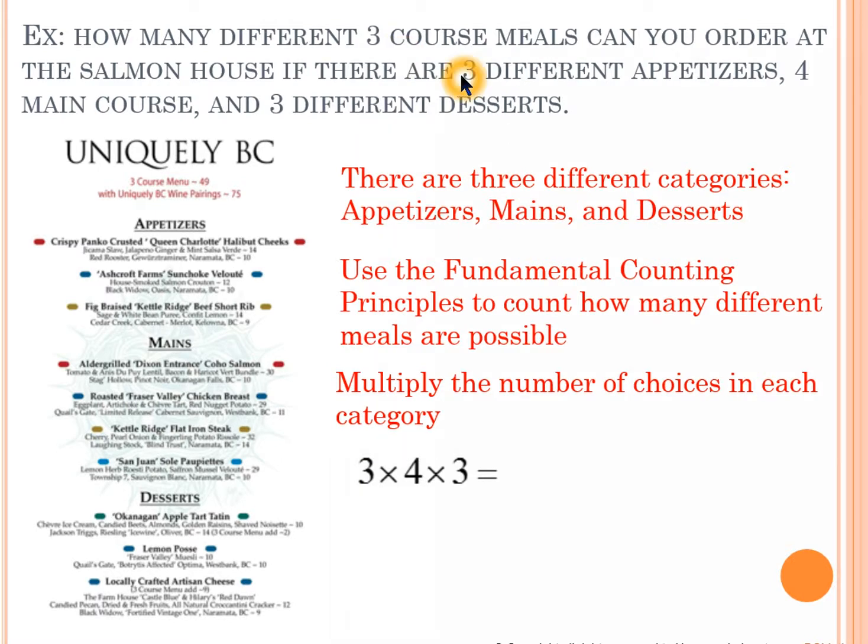For the main dishes, we have 4 choices. And for desserts, we have 3 choices. So 3 times 4 times 3. This is also known as the product rule: there are A choices for the first part, B choices for the second part, and C choices for the third part. So this would be 36 different meals.